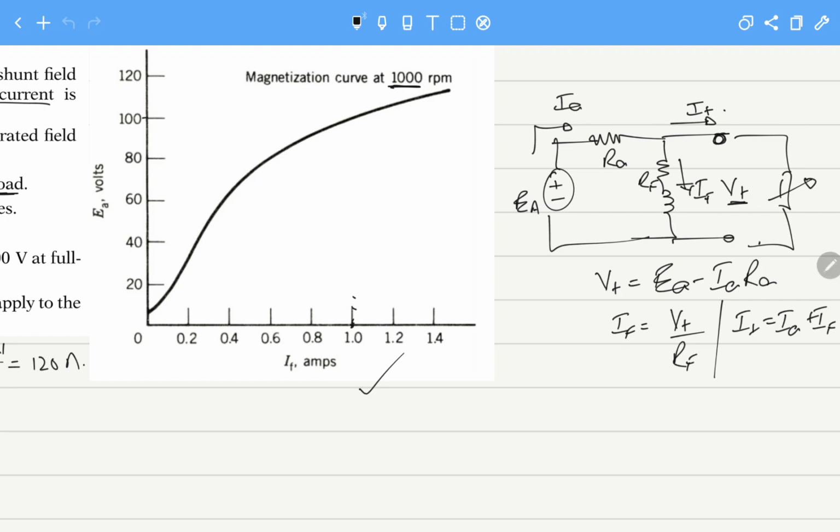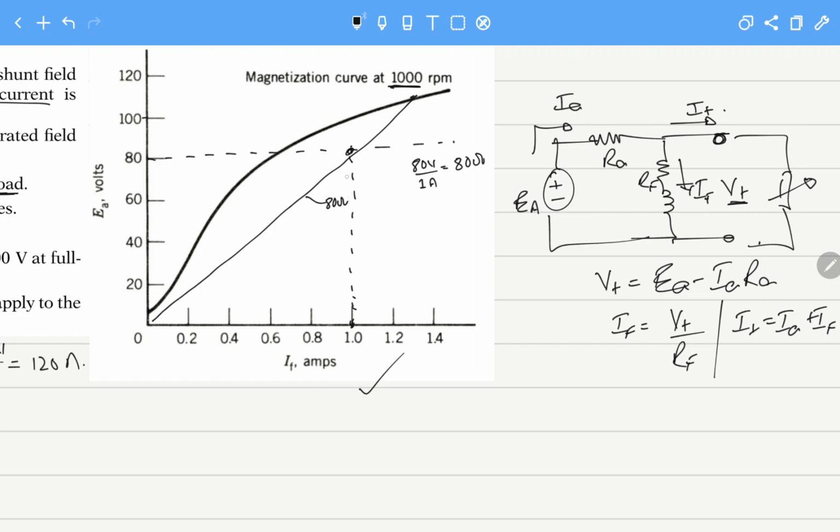So let's see how we can get this. If the voltage is 80 volts divided by 1 ampere, that is 80 ohms. So the slope of this line will be actually our 80 ohms line.